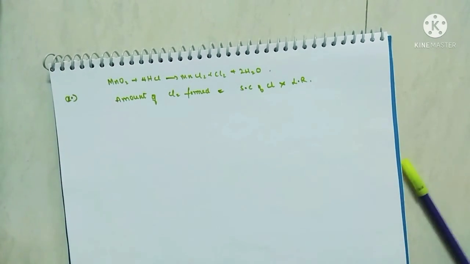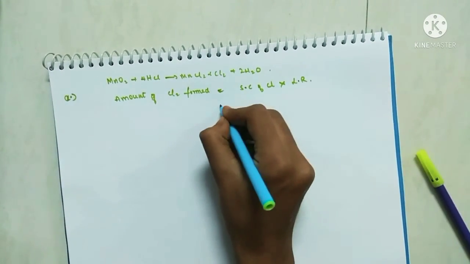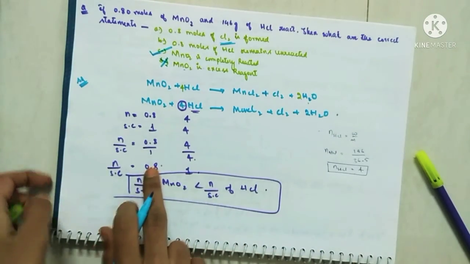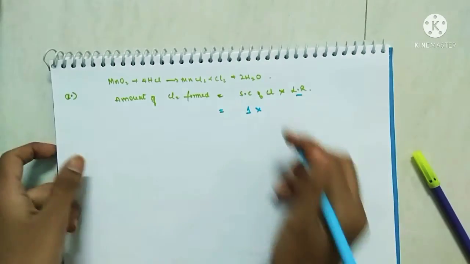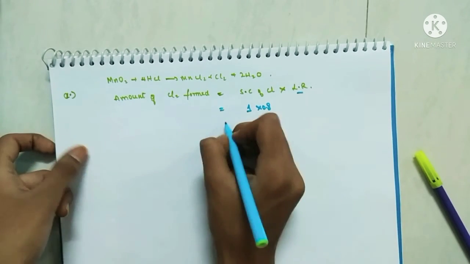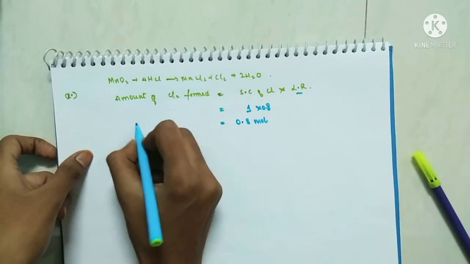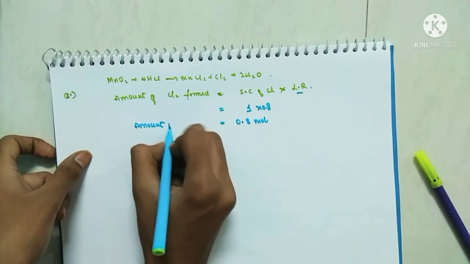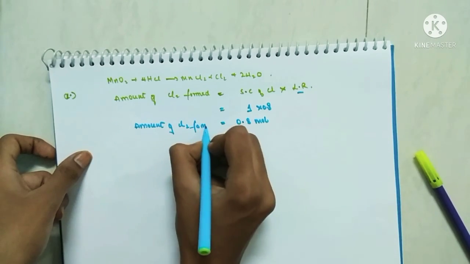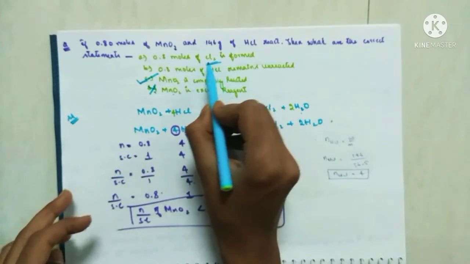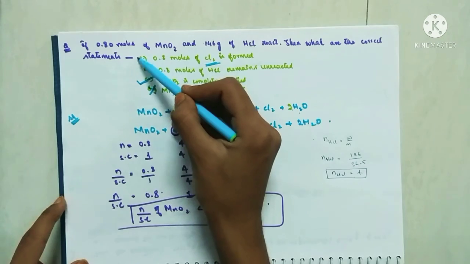The stoichiometric coefficient of Cl2 is 1, and the limiting reagent is 0.8. So the amount of Cl2 formed is 0.8 mole, and the statement given is 0.8 moles of Cl2 is formed, so this statement is correct.